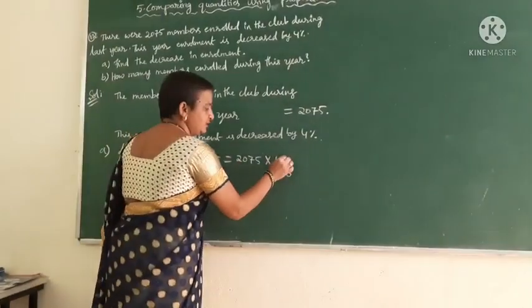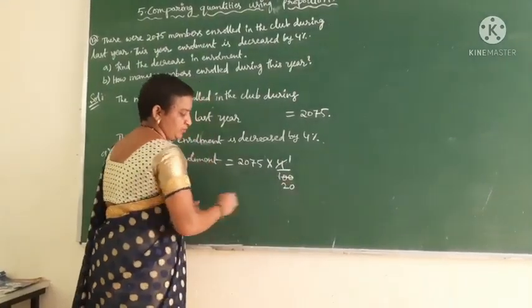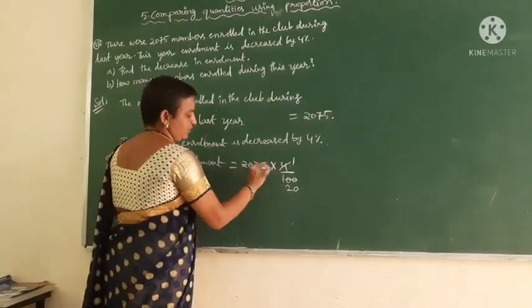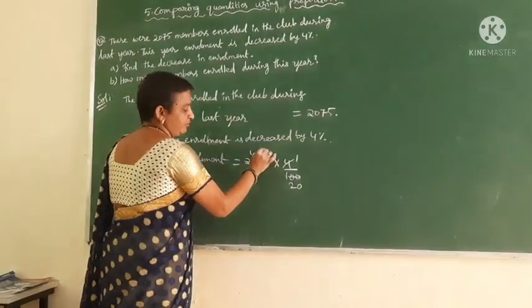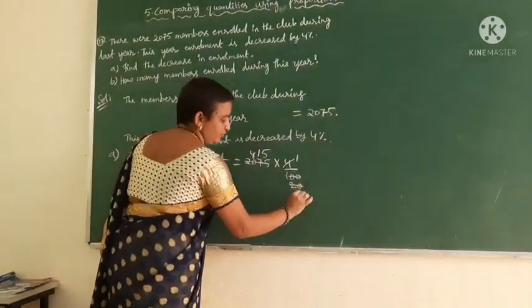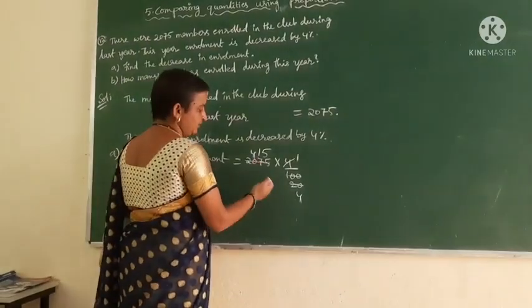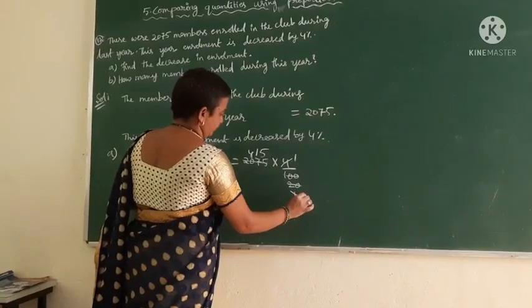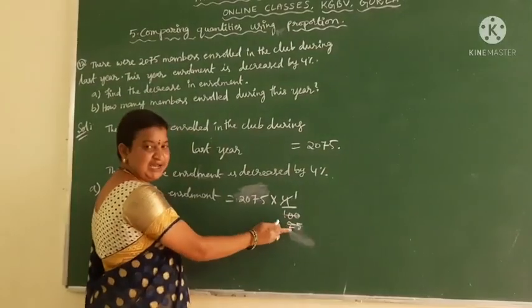Okay, 4 ones are 4, 4 twenties are 80. Now we have to cancel these two terms. 5 fours are 20, 5 ones are 5, 5 fives are 25, 5 fours are 20. Again you have to cancel with 4. 4 ones are 4, and 4 twenty-fives are 100.